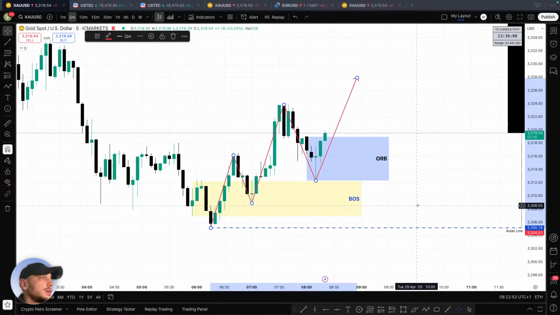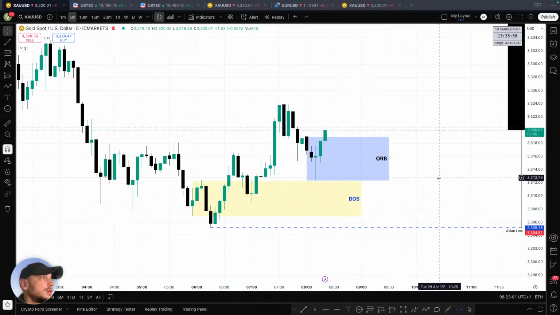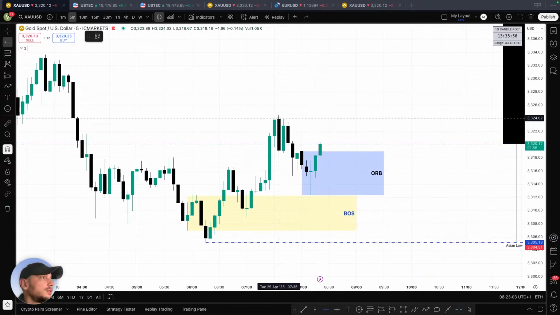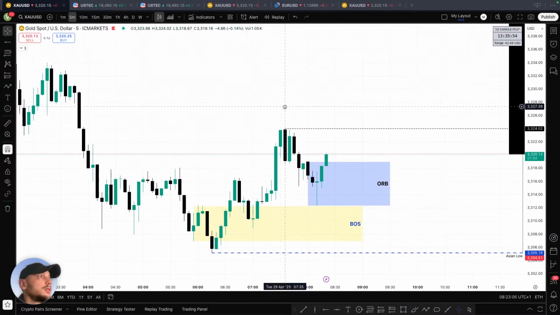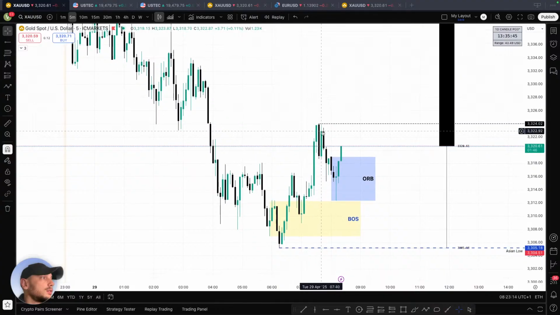It's a good logic. And we see this support line, how it holds. No closures below. I would be careful with these liquidities here. There are good targets in general over here. These need to be taken. So these are good targets.